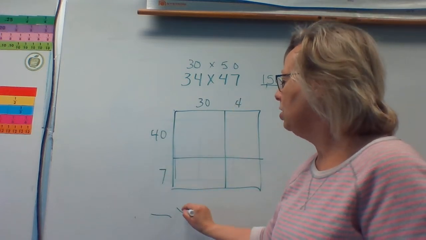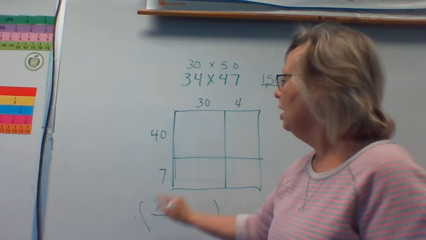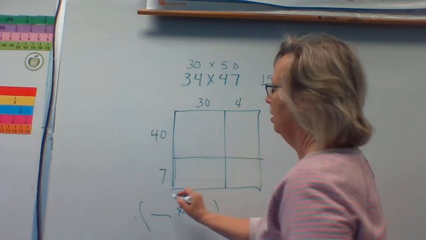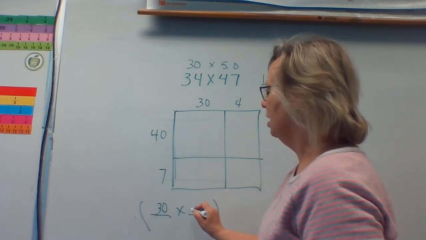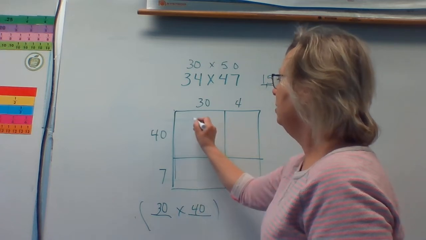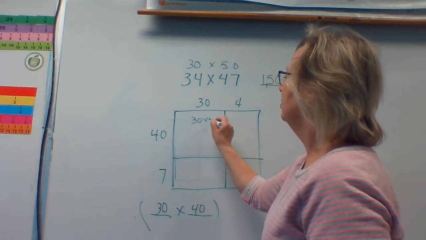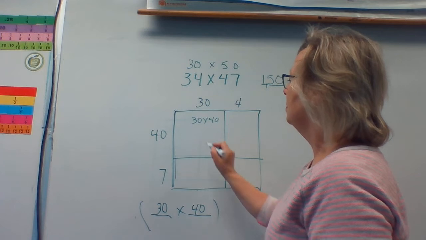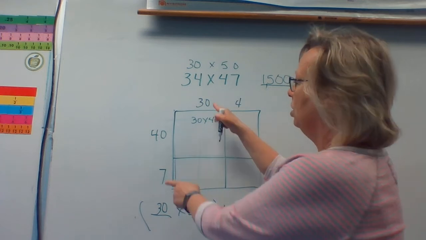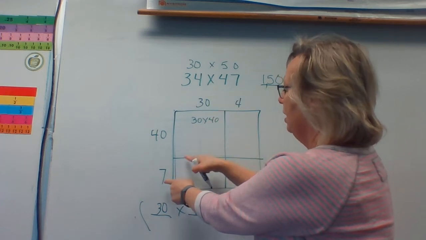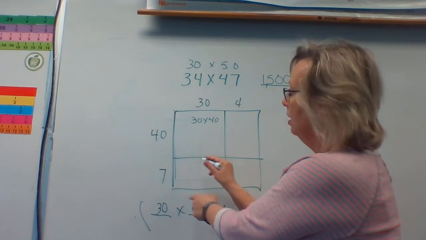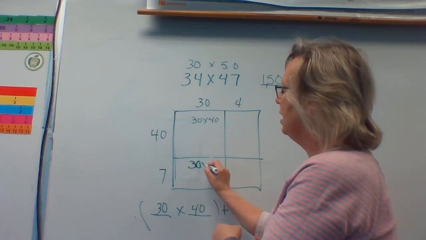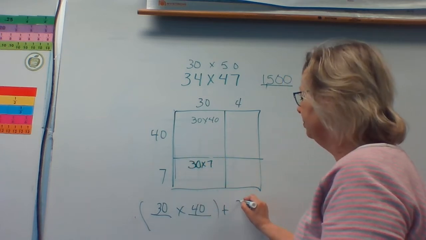My first equation is going to be 30 times 40. My next equation, I'm going to take my 30, because this line is still 30, times 7.